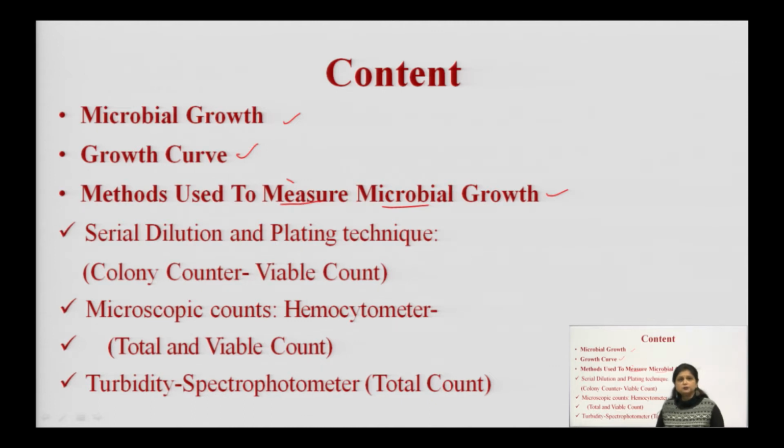There are various methods for the calculation. That includes serial dilution and plating technique. The second method is the microscopic count, in which we usually use the hemocytometer, and the last is the turbidity method.